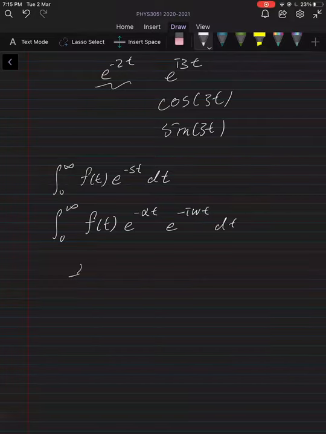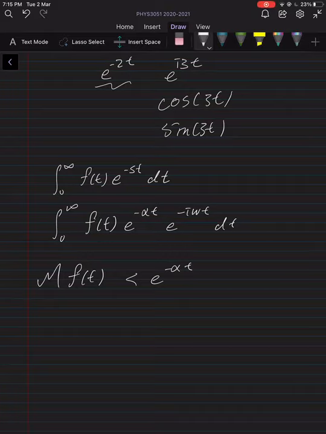So what you want is f of t to be smaller than M e to the power of some real number times t, for some big M. So the condition is now on the real part of s. Okay. So does it mean that the imaginary part doesn't have any constraints? No.